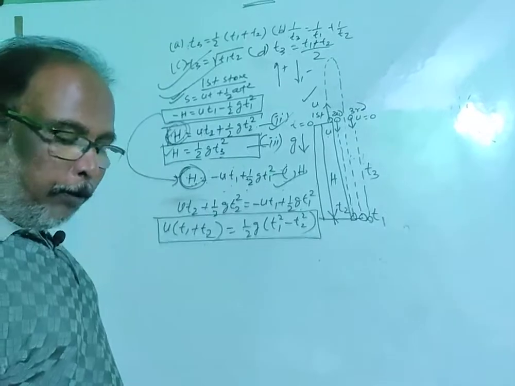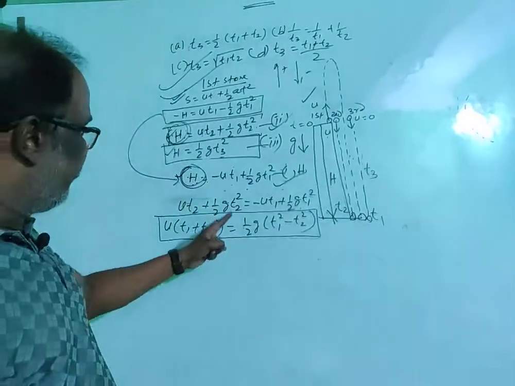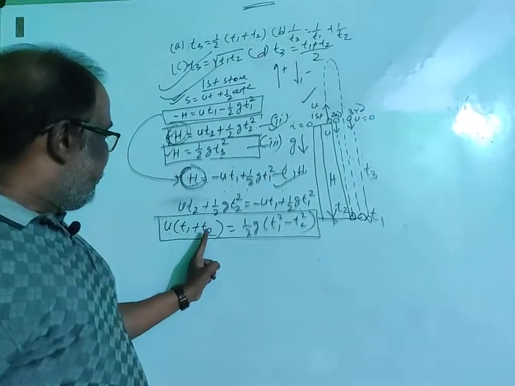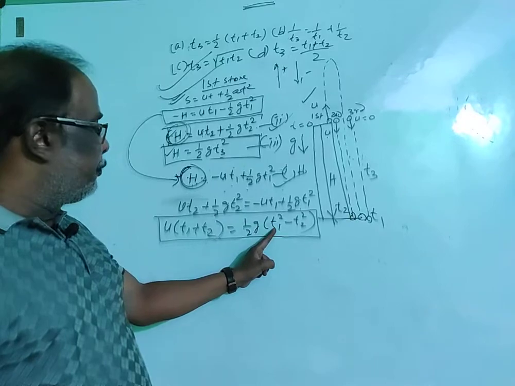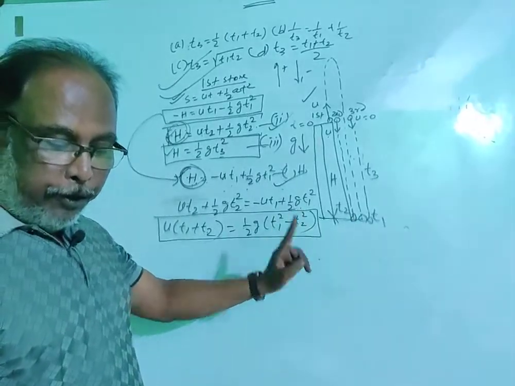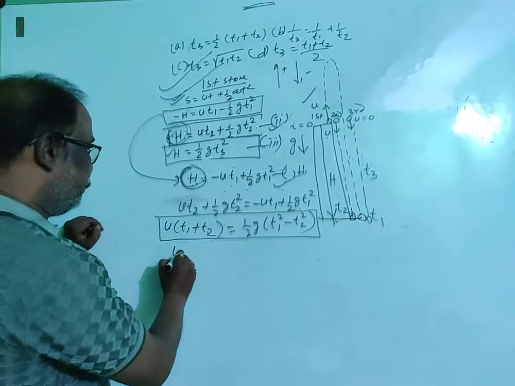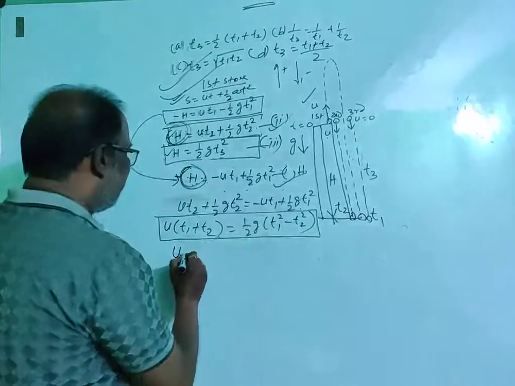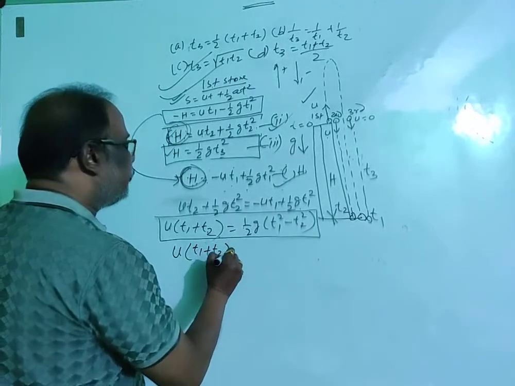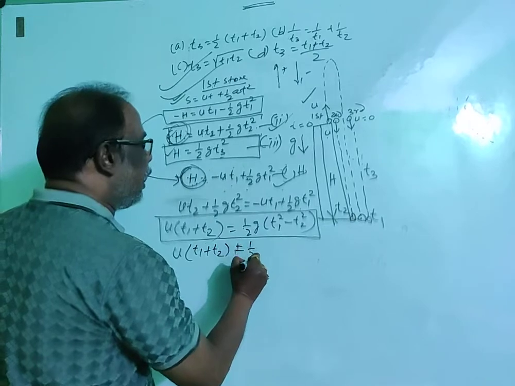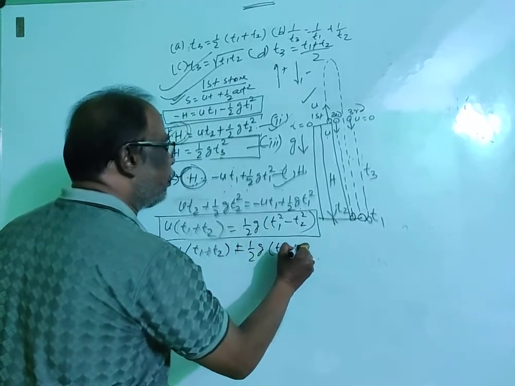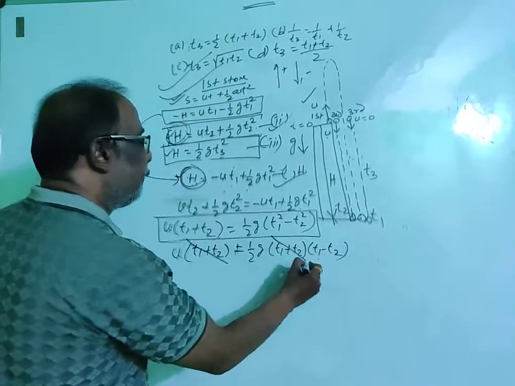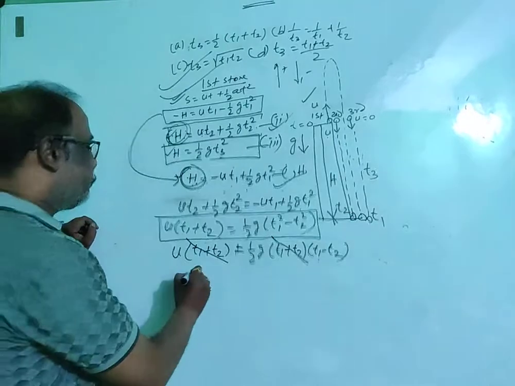Then about t3, that means equation 3. u into t1 plus t2 is equal to half g into t1 square minus t2 square. I am writing again: u into t1 plus t2 is equal to half g into t1 plus t2 into t1 minus t2. Clear? Yes, sir.